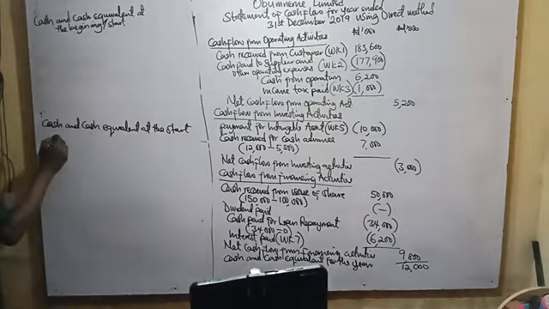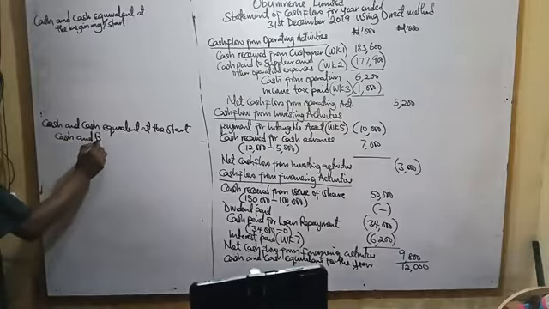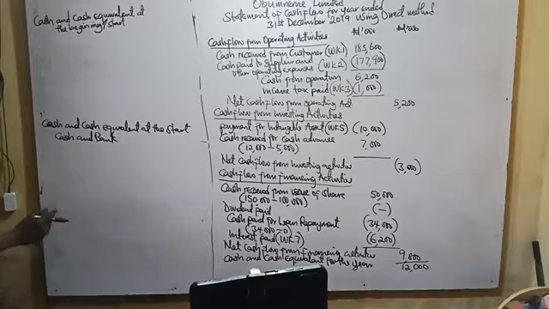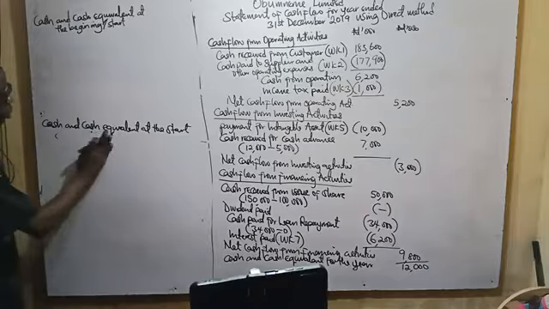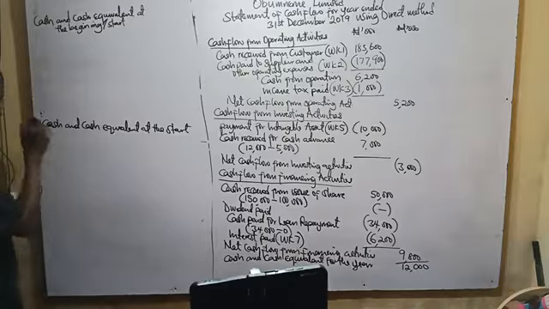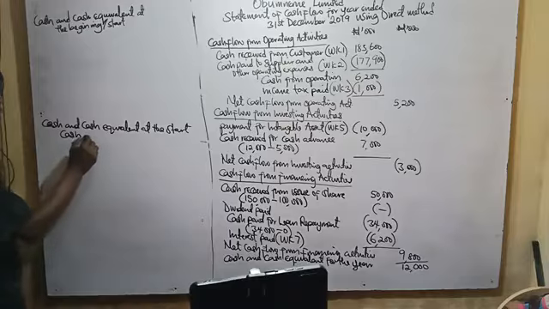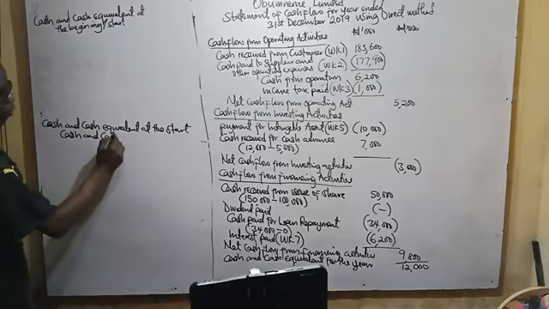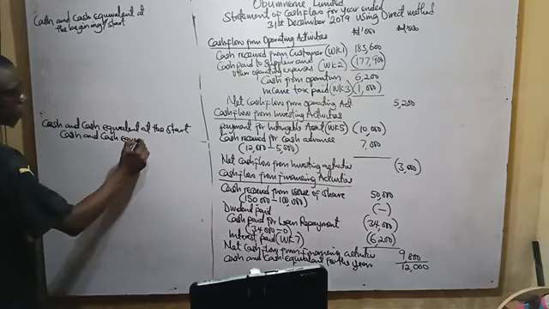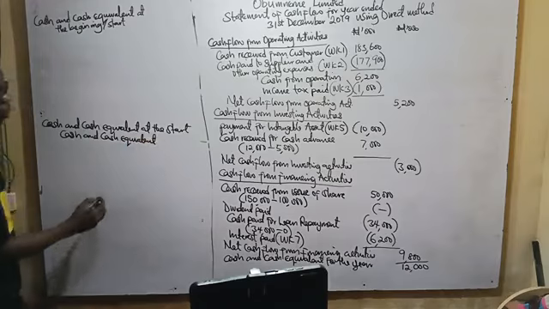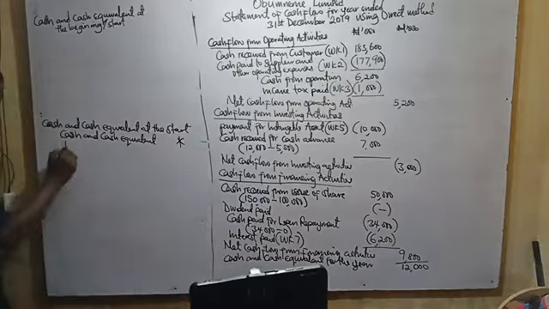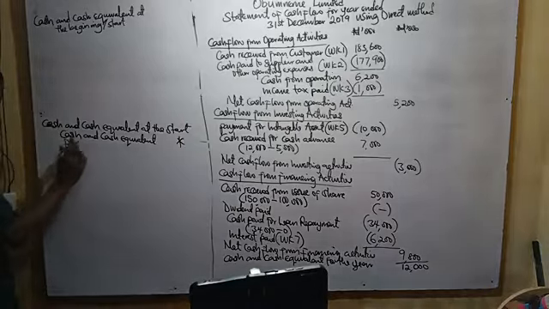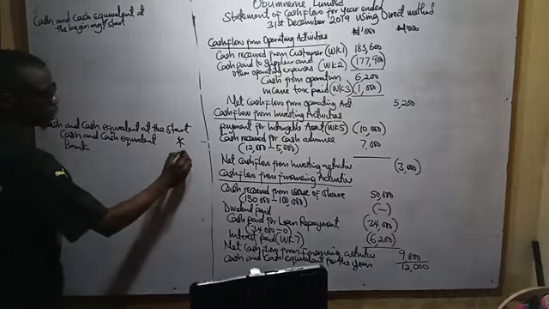It will be your cash and bank, or you call it cash, and cash equivalent if you have. You have your bank, you add it.